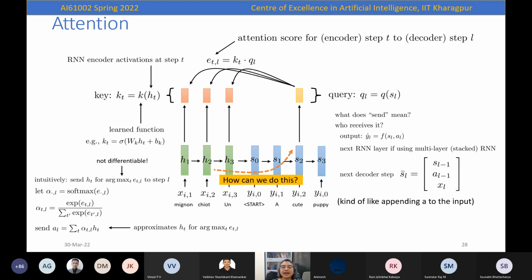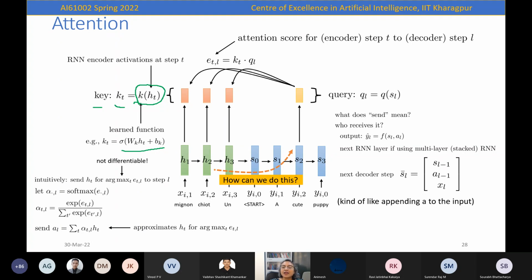So in the RNN encoder, at every time step t, the key corresponding to the ht is computed by a function k of ht. The function k computes the key value at the tth step of the encoder. This k is a simple neural network having parameter values wk and bias bk.